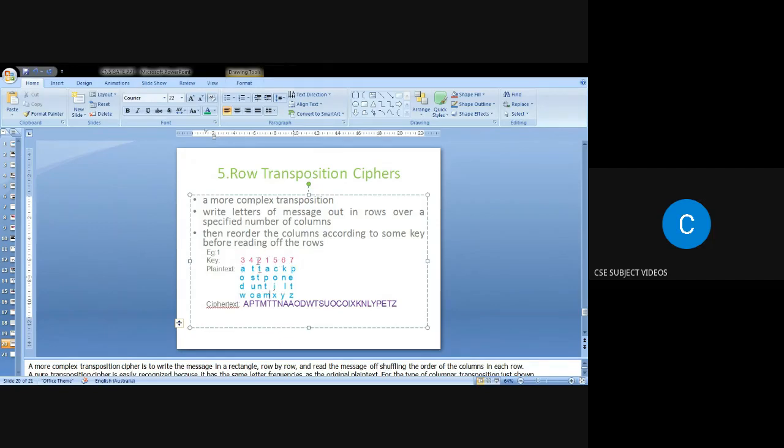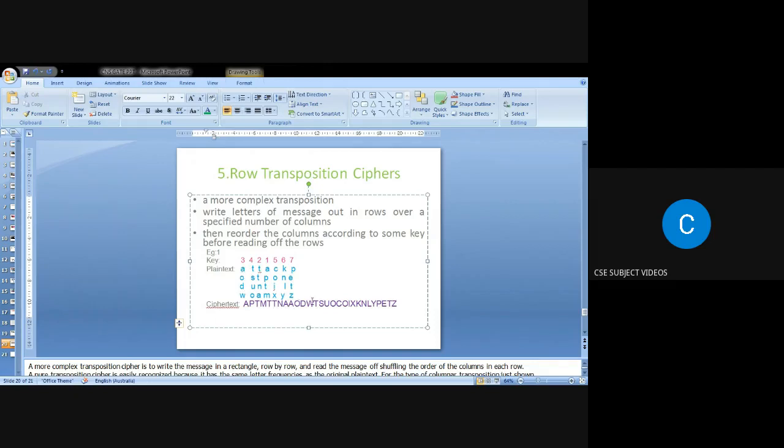Now we have to take the column which is bearing the key 1. The values in column 1 are APTM, which you write in a serial manner. Next the column numbered 2: TTNA. Next the column numbered 3: AODW.